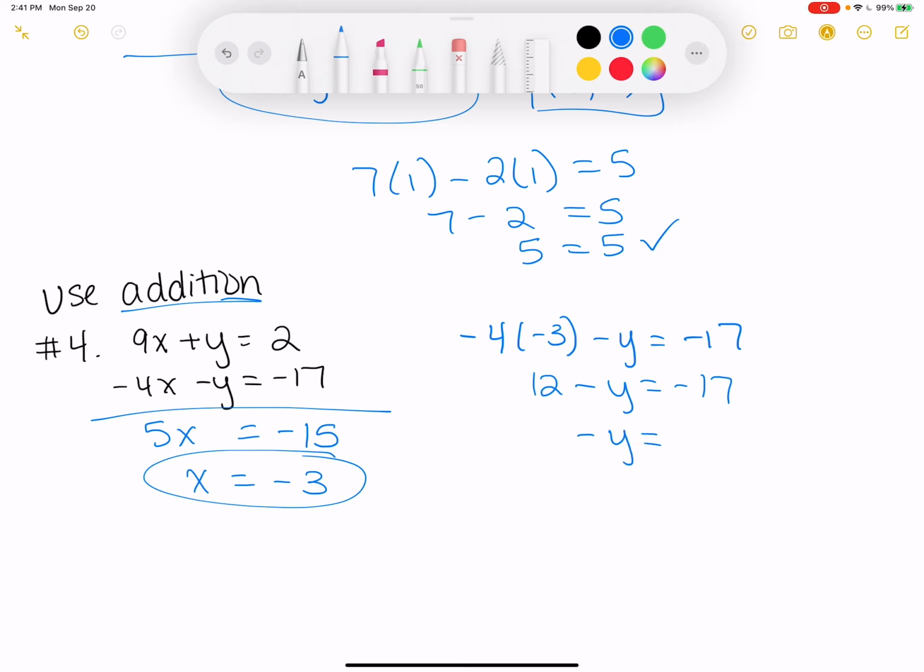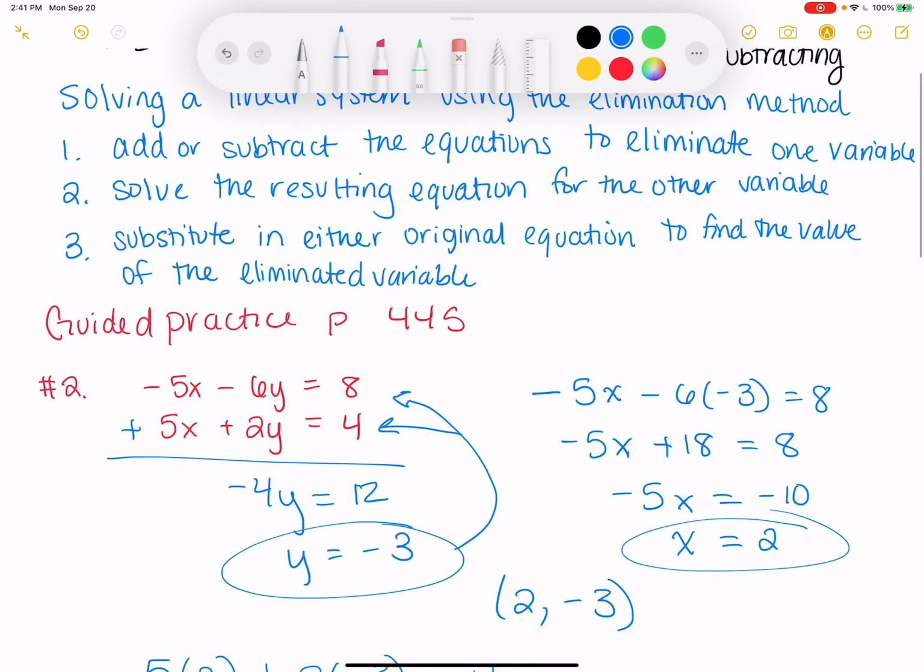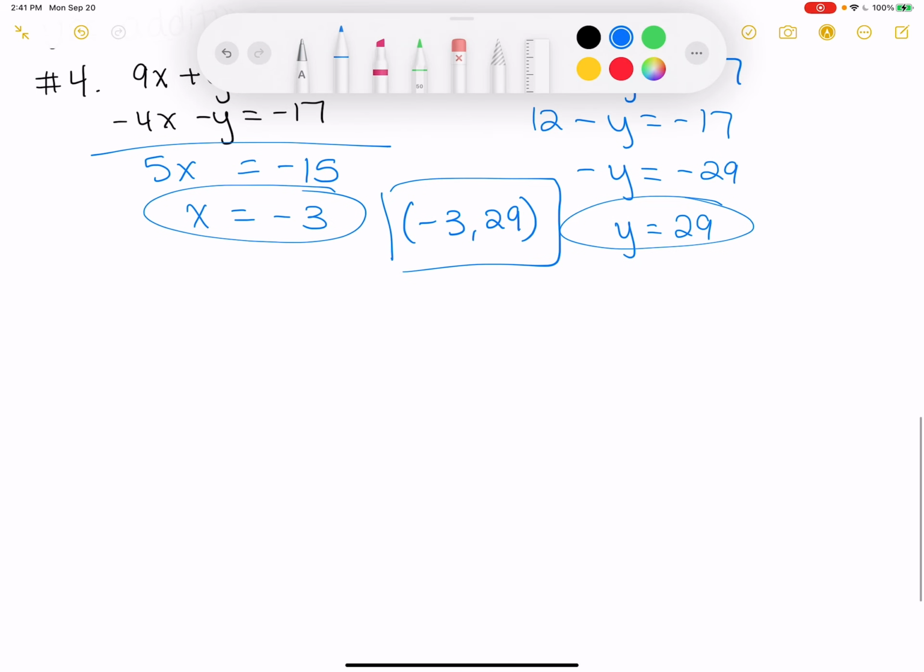Negative y is equal to negative 29. And then I need to divide by the negative 1, so y is equal to 29. So I've got negative 3, 29 as my ordered pair.